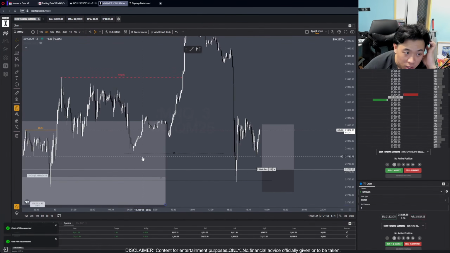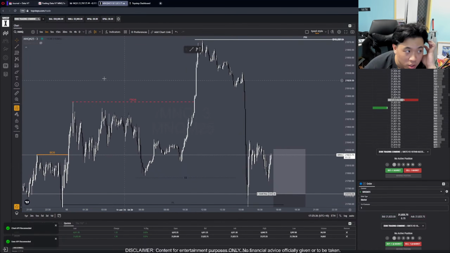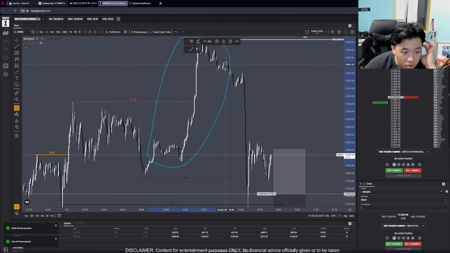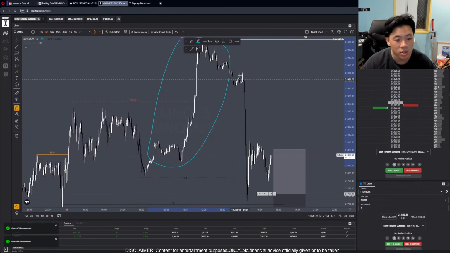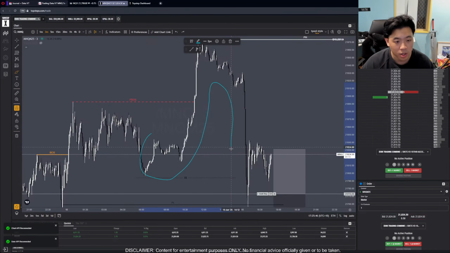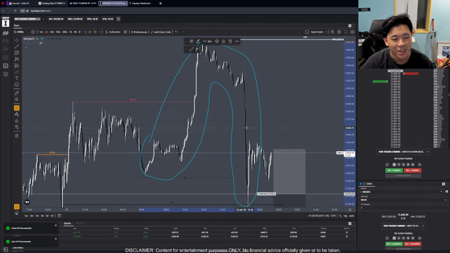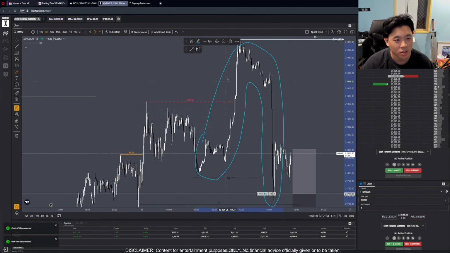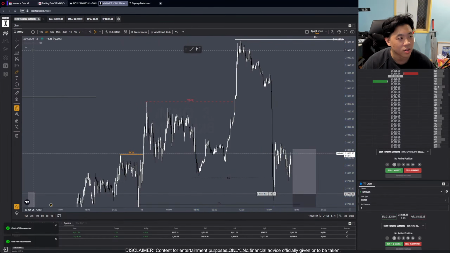Just to show you what's going on, from 8 o'clock today, this is the Asia session around there. You know what, really, it's about 4 o'clock. Asia was here, and it came down here, and that's the price action. So it kind of ranged both ways.